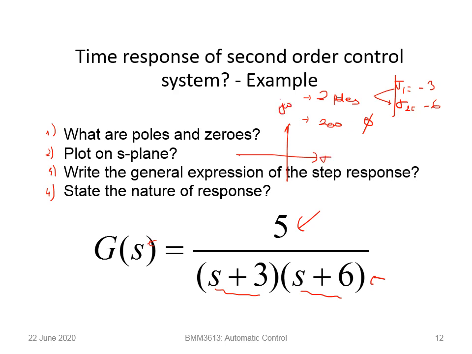Both poles only have real components at -3 and -6, so they are here: -3 being pole number 1, sigma 1, and -6 being sigma 2, pole number 2. So this is our plot of poles on the S-plane.